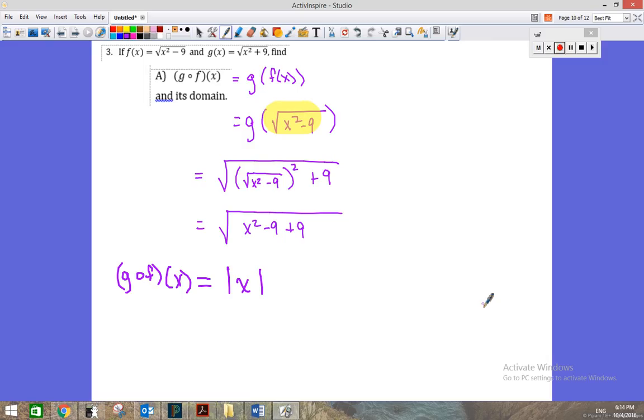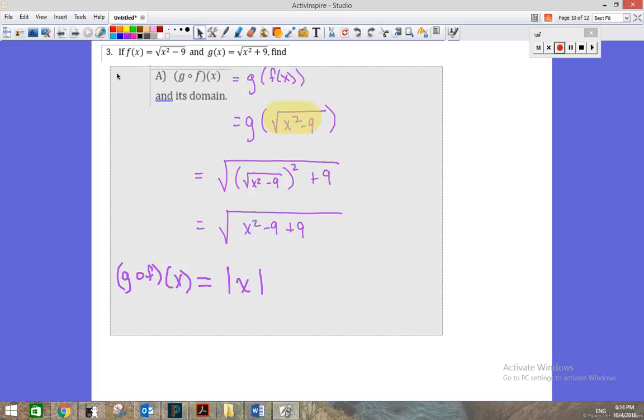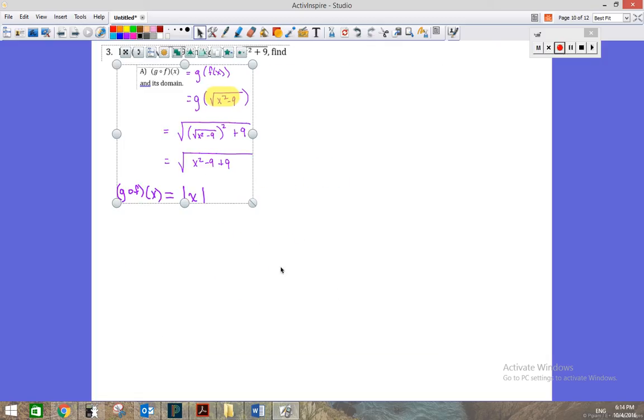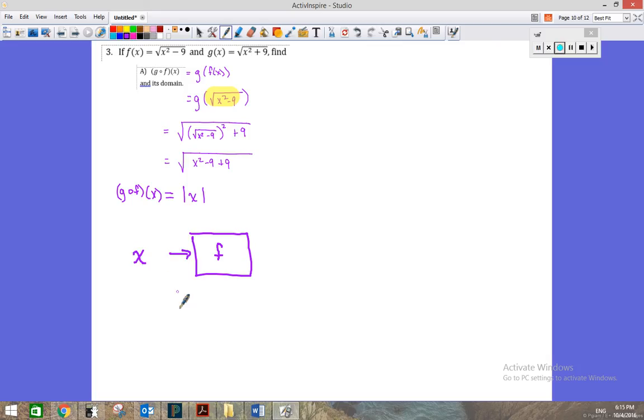Alright, so now let's find the domain for this. I like to think of how that function was built when I find the domain. It makes more sense to me that I always start the same way each and every time. Two things have to be true to be in the domain of a composition. First, the input has to be in the domain of the first function in order to get an output.